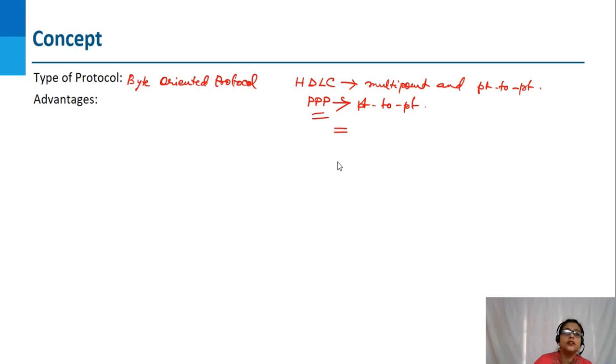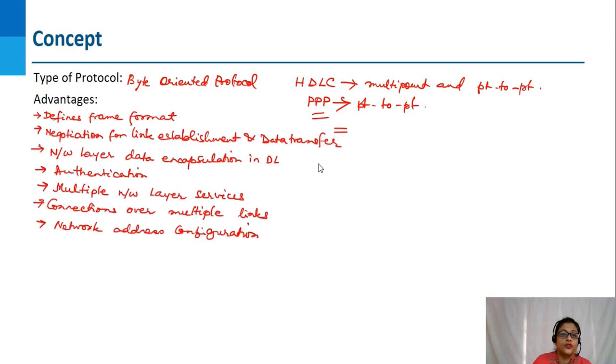Now, there are certain services that are provided by PPP, or we can tell that these are the advantages. At first, PPP defines the frame format. It can also help in negotiation for link establishment and data transfer between two devices.